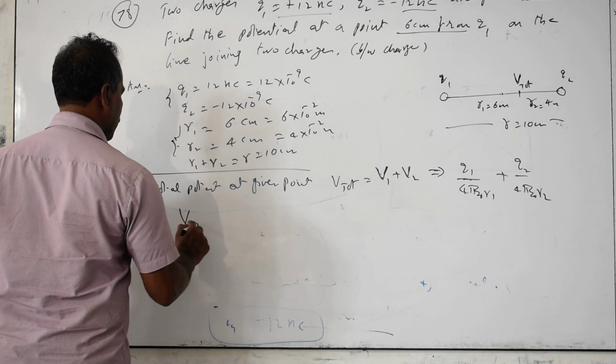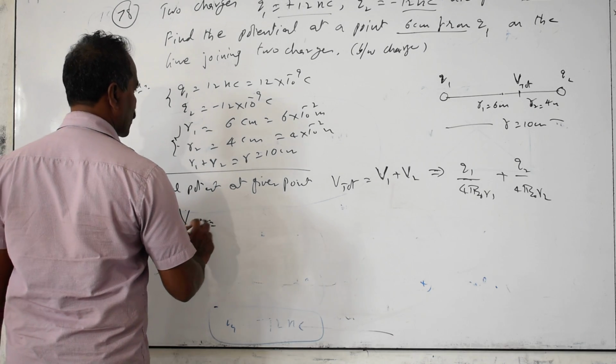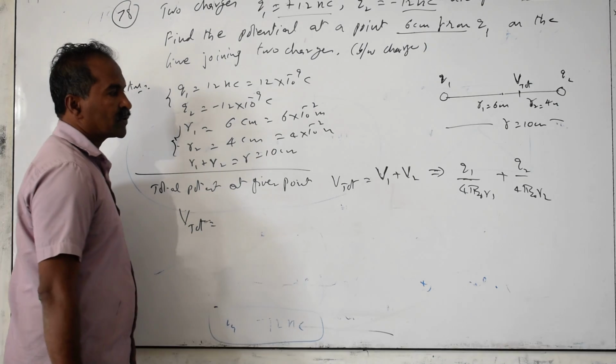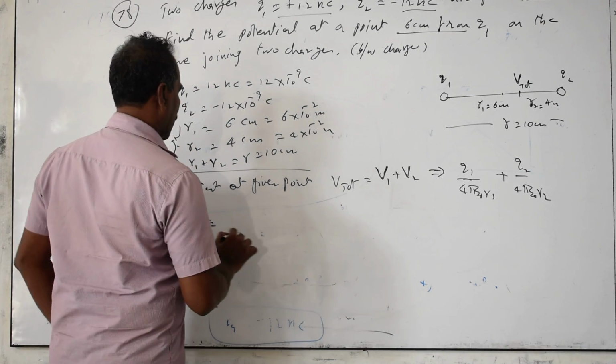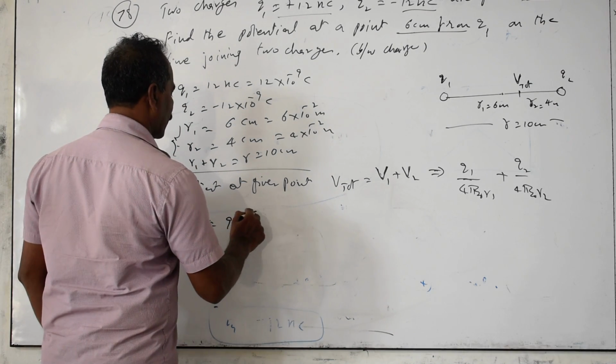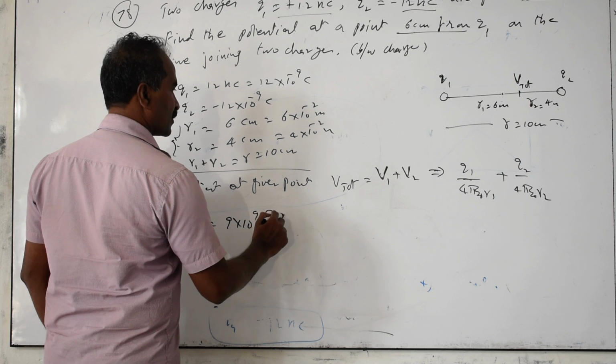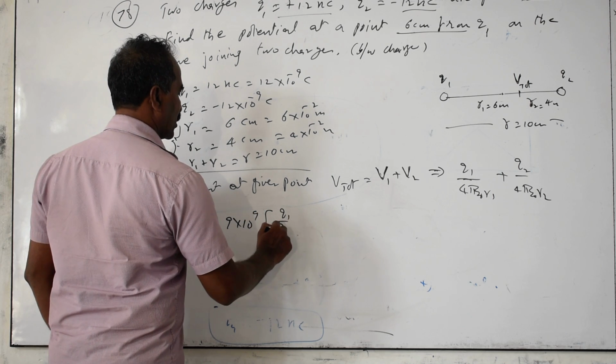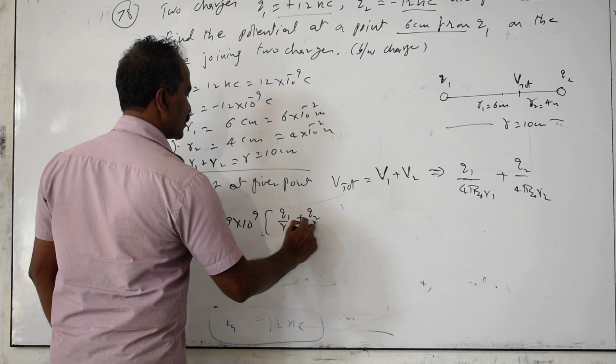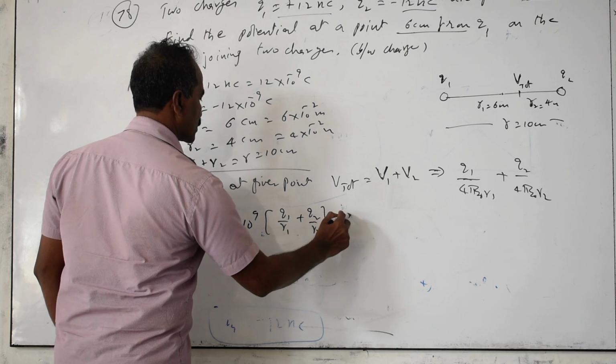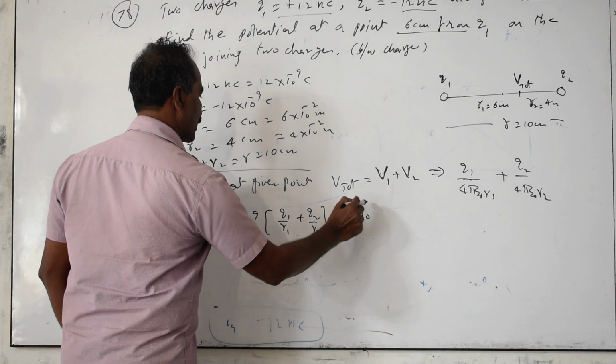So V total becomes equal to 1 by 4 pi epsilon, take out common. That becomes 9 into 10 to the power of 9 into Q1 by R1 plus Q2 by R2, which is 9 into 10 to the power of 9.